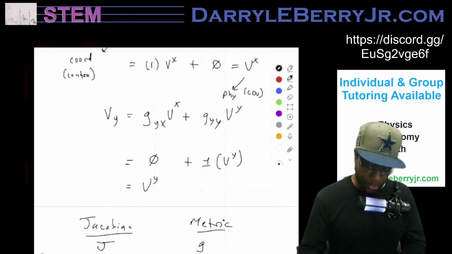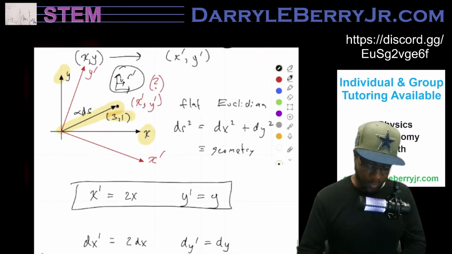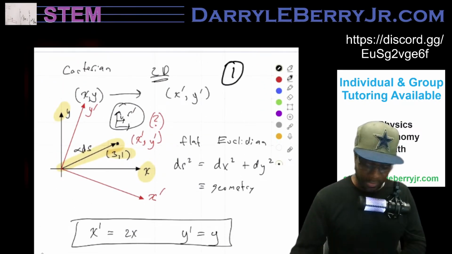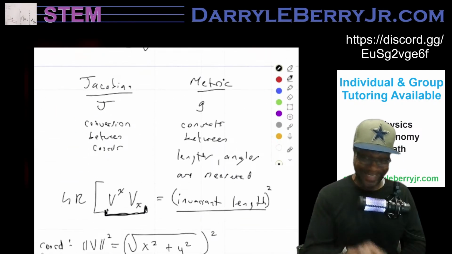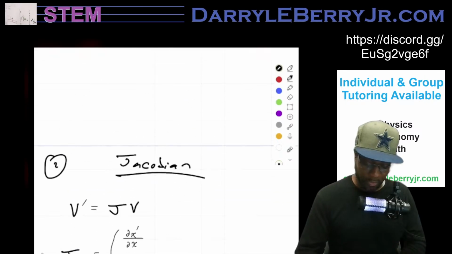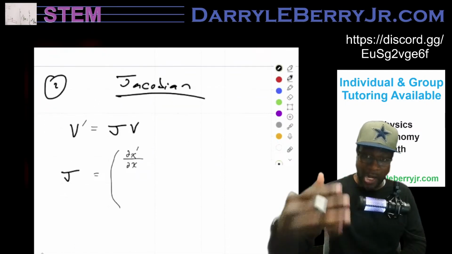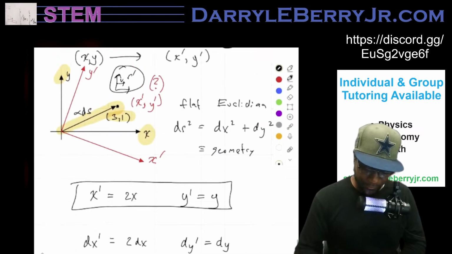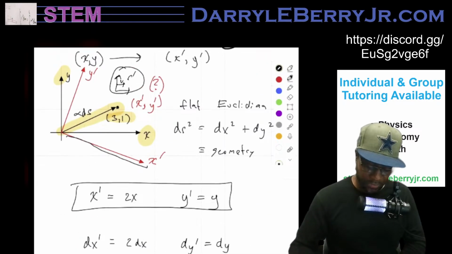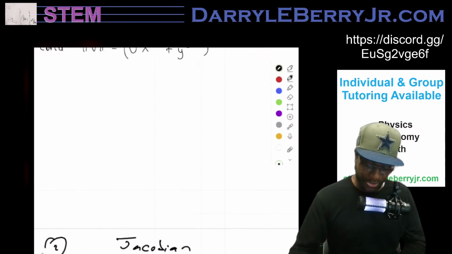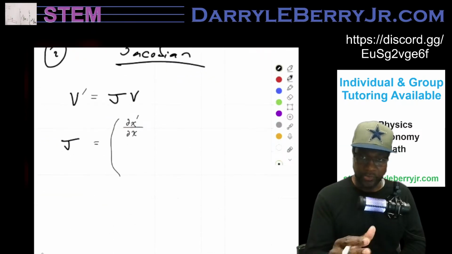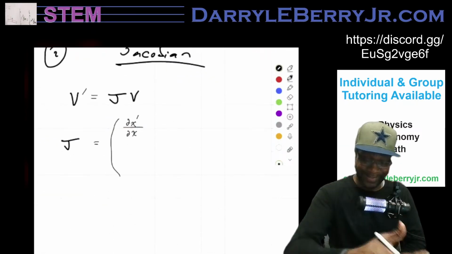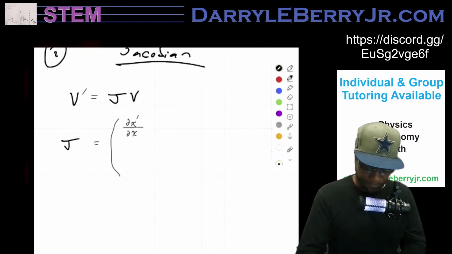So again, we're looking at these two vector spaces. We want to be able to convert between these two to find out what that same vector length is going to be in the new coordinates. So I want to know how much the x prime changes. As I move along x prime, how much does it change relative to how x changes? When I figure that change out, I can alternate between the two coordinate systems and get that same invariant vector.